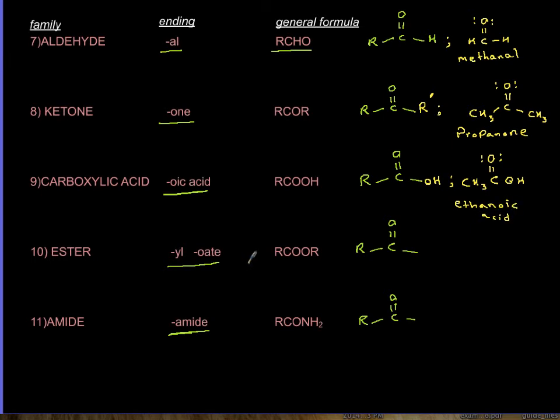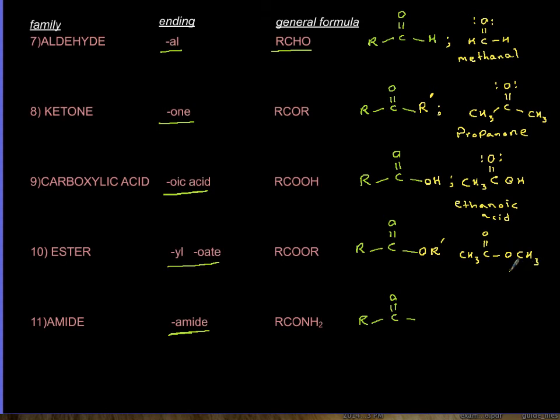Now if you have an ester, which is a combination of an alcohol and carboxylic acid, it should end in OR or OR prime. It shouldn't be hydrogen. So for example, you could have CH3, C double bond O, OCH3.